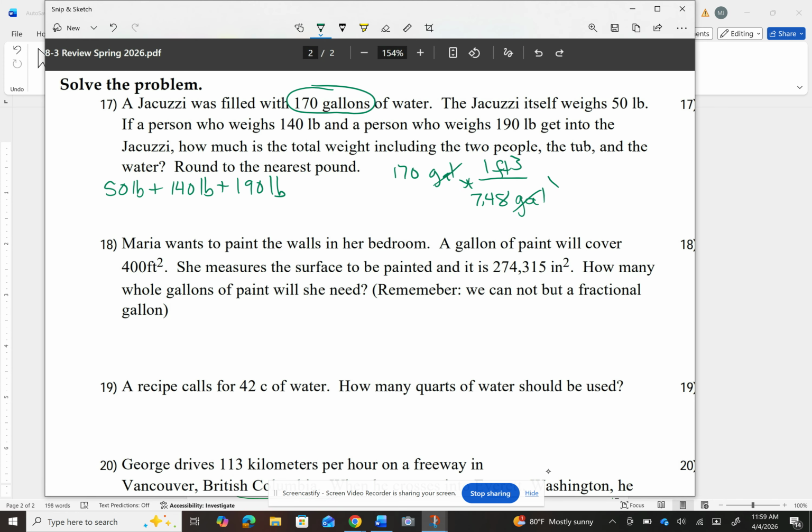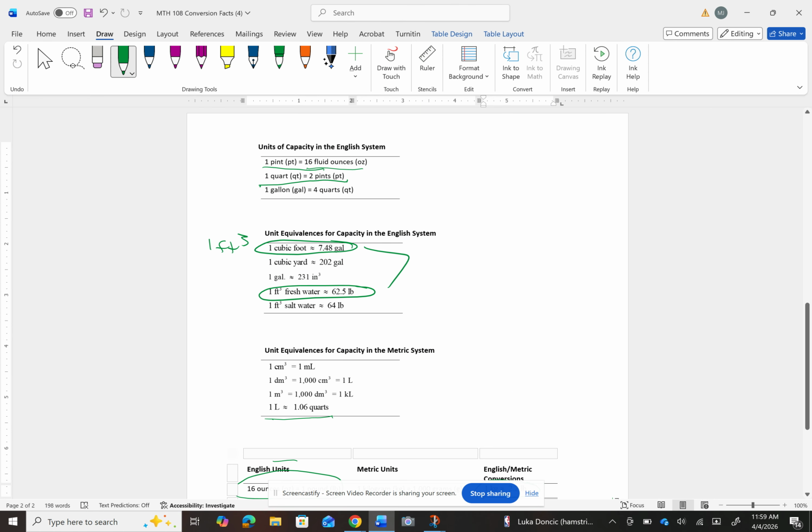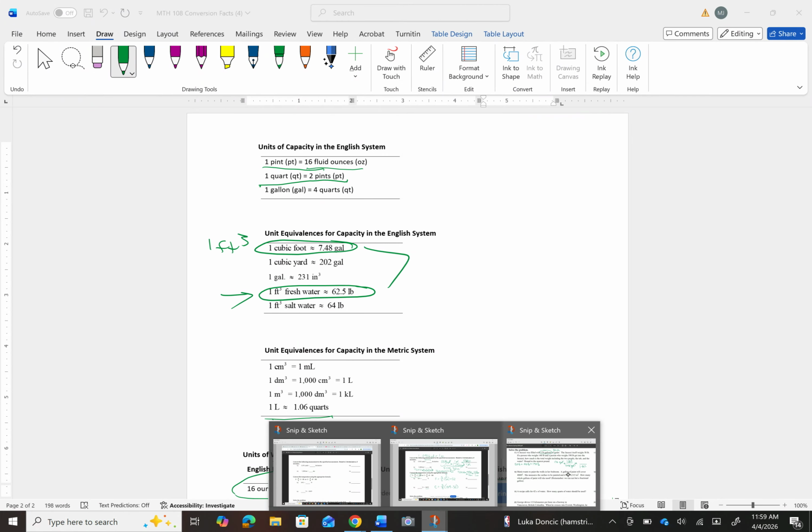And then we were told, and I'm assuming fresh water here, a fact that would tell us how much 1 cubic foot weighed. So 1 cubic foot weighed, and let me double check that, 62.5 pounds.